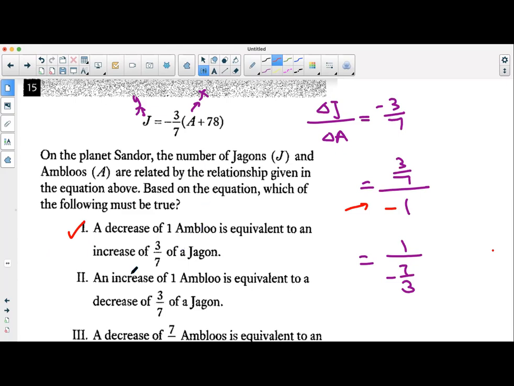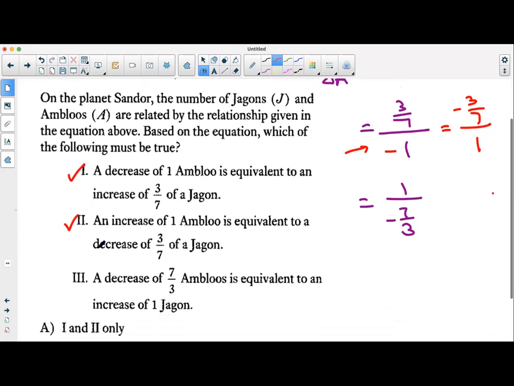Now, second one. Increase of 1 A. Same thing here, an increase of 1 means positive 1, then it's negative 3 over 7, equivalent to a decrease of 3 over 7. That's also correct. How about the third one?